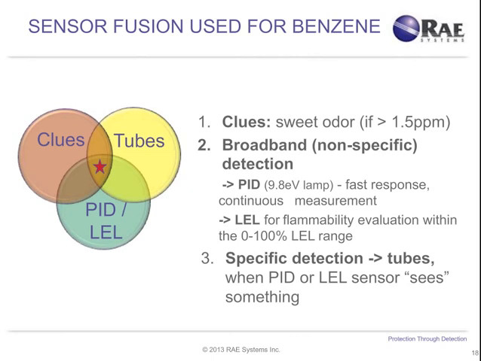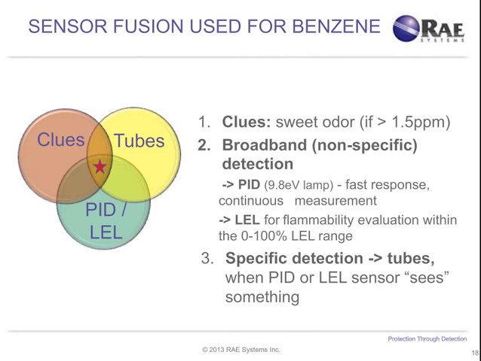So in summary, if you have a pure benzene release for some reason, if the concentration exceeds 1.5 parts per million, which is the odor threshold, you should be able to smell it. So this would give you one clue. And then you can use a broadband detection tool to determine that something is present at a toxic level or at a combustible level.